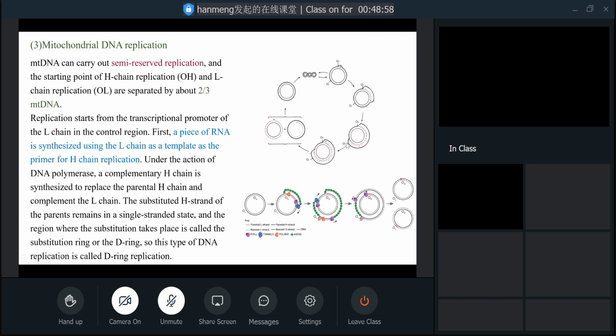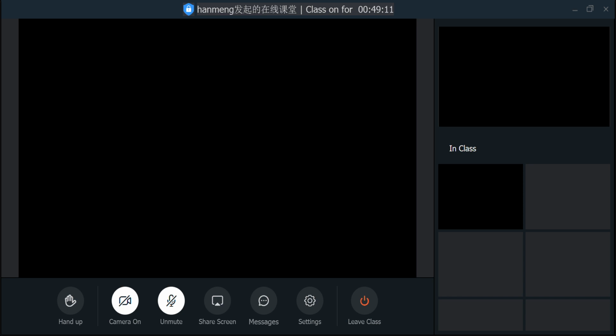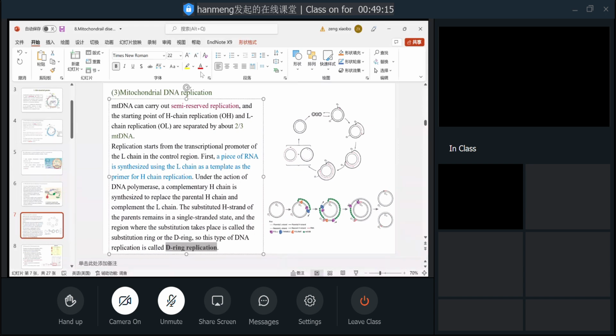This picture also shows the mitochondrial DNA replication type, the D loop replication.